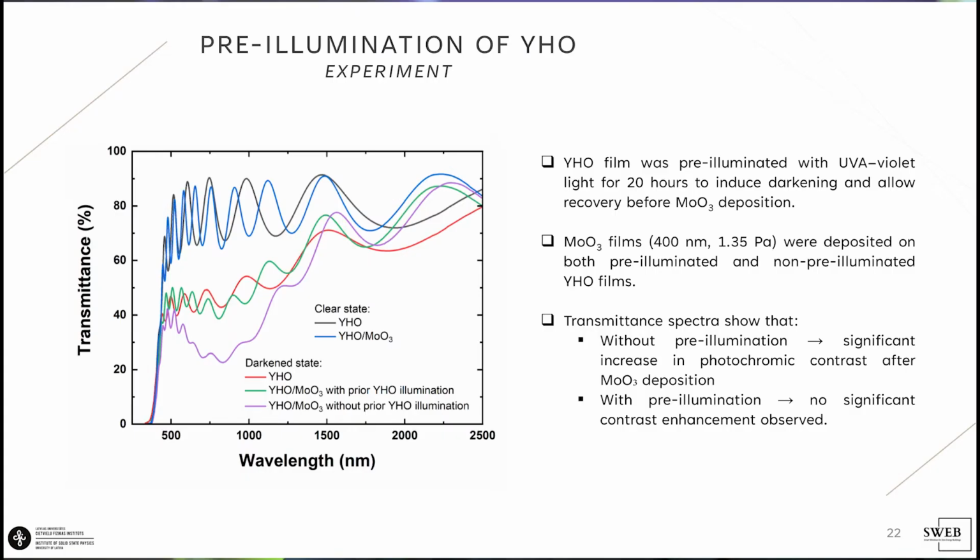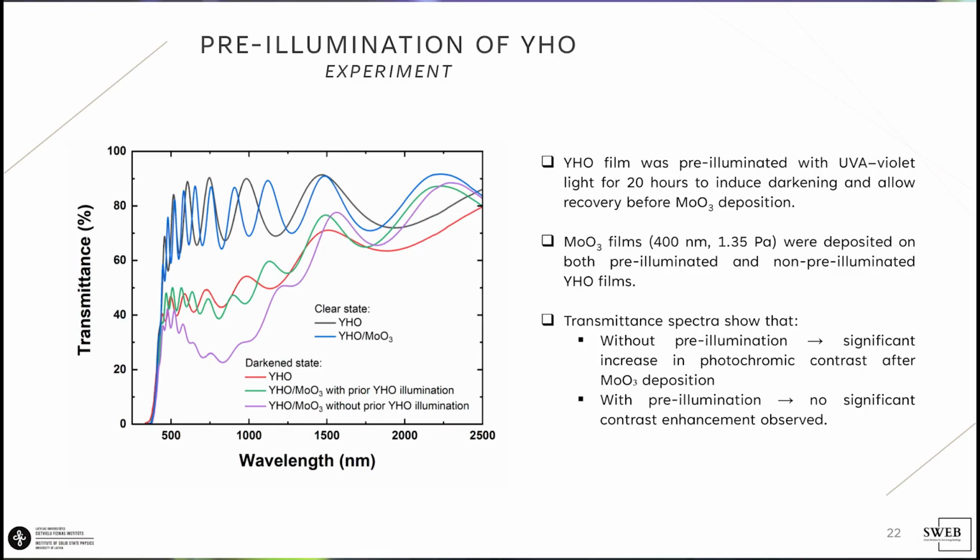And this is the green curve in this graph. We see that after illumination we don't see any more large increase in photochromic contrast.